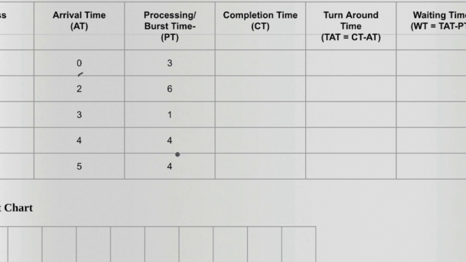The rule that we have established is that it will keep checking after every 1 unit of time whether another process has arrived, and if it has a shorter processing time than the one currently executing, then the current one moves back to the ready queue and that particular process comes into the running state.